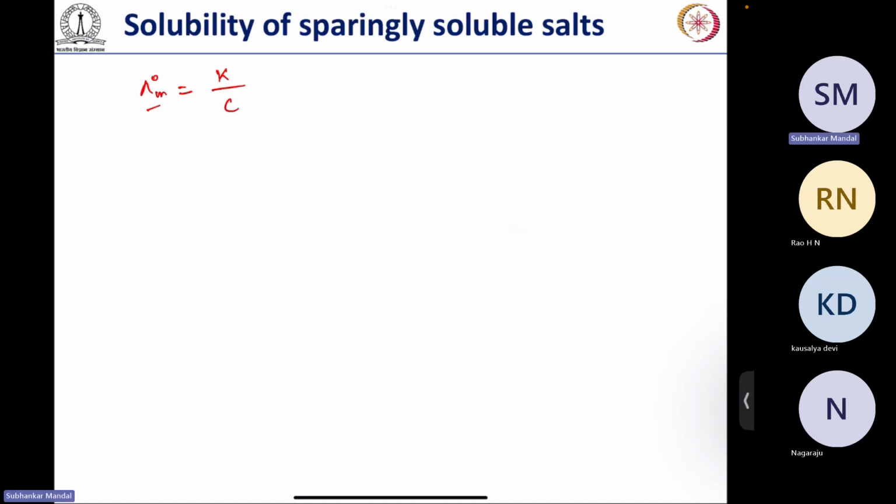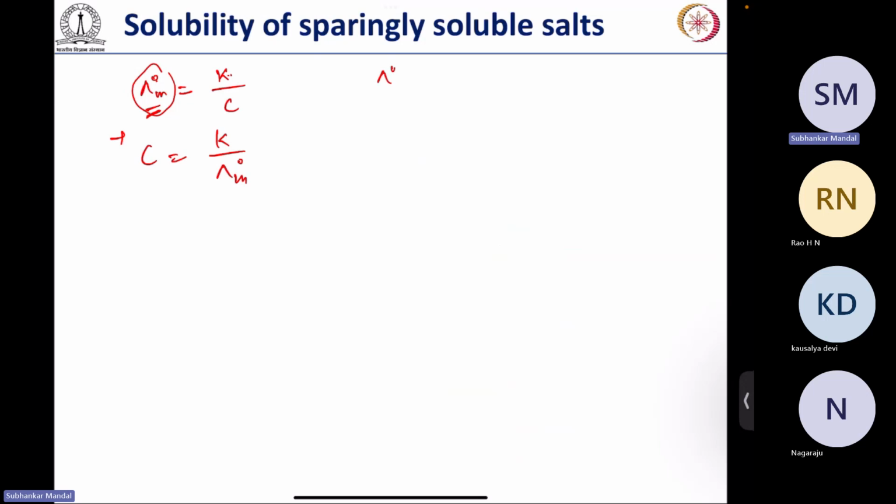That means if you know the infinite dilution conductance of calcium fluoride, and this K is the specific conductance, then we can get to know C. So I can write this one in such a way: C is equal to K by lambda 0.